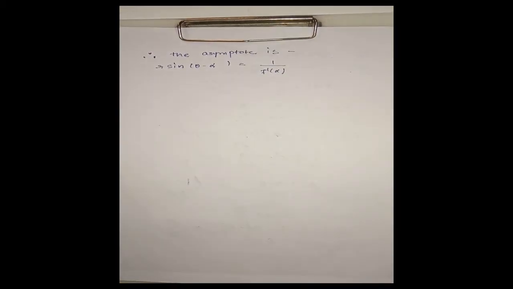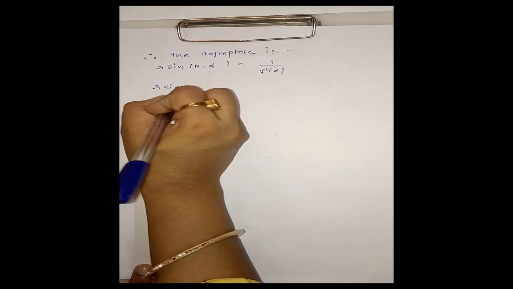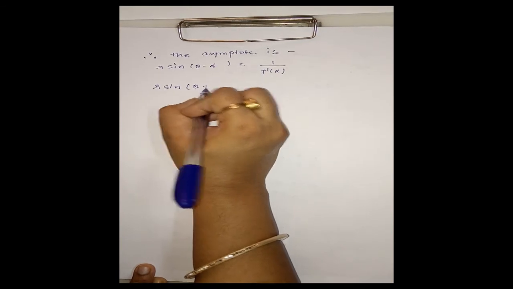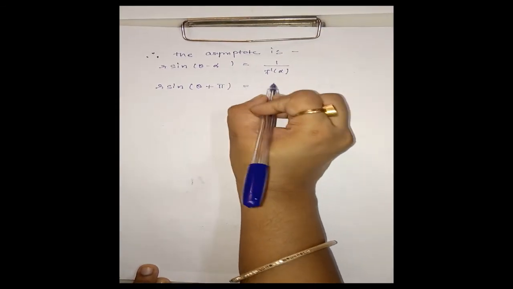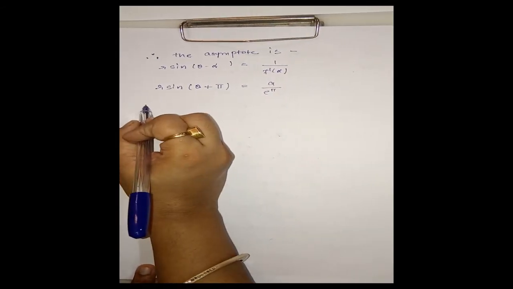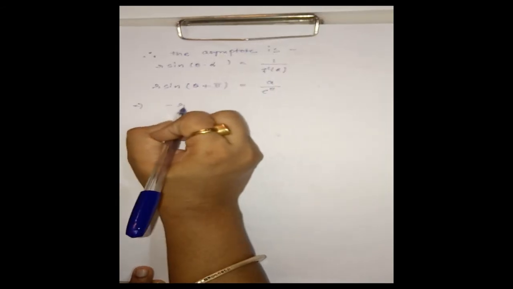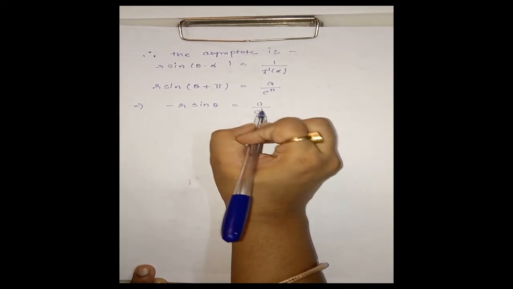Now substituting values of f dash alpha, and alpha is equal to minus pi here, I get this as r sin theta minus alpha, which will give us plus, this is theta plus pi is equal to a upon e pi. Now sin theta plus pi is minus sin theta. This means this is minus r sin theta is equal to a upon e pi.